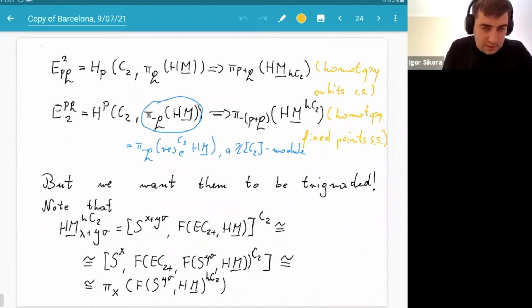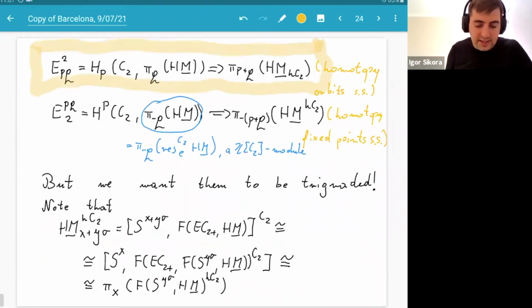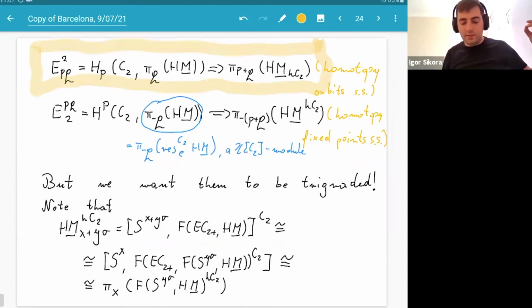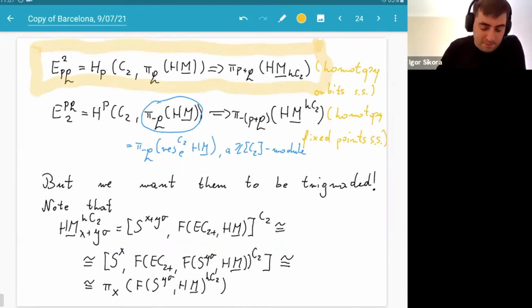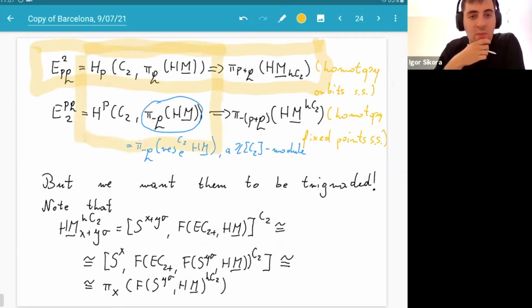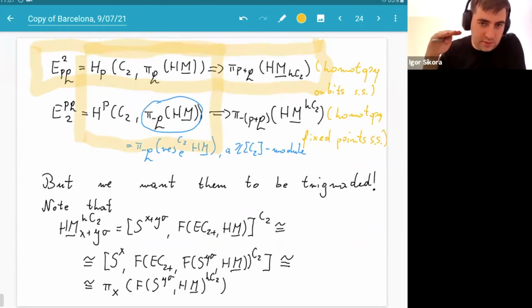So here, the first spectral sequence takes as, so this is homotopy orbits. Well, both spectral sequences take on the second page as entry the group homology and cohomology of C2 with values in the non-equivariant coefficients of HM.